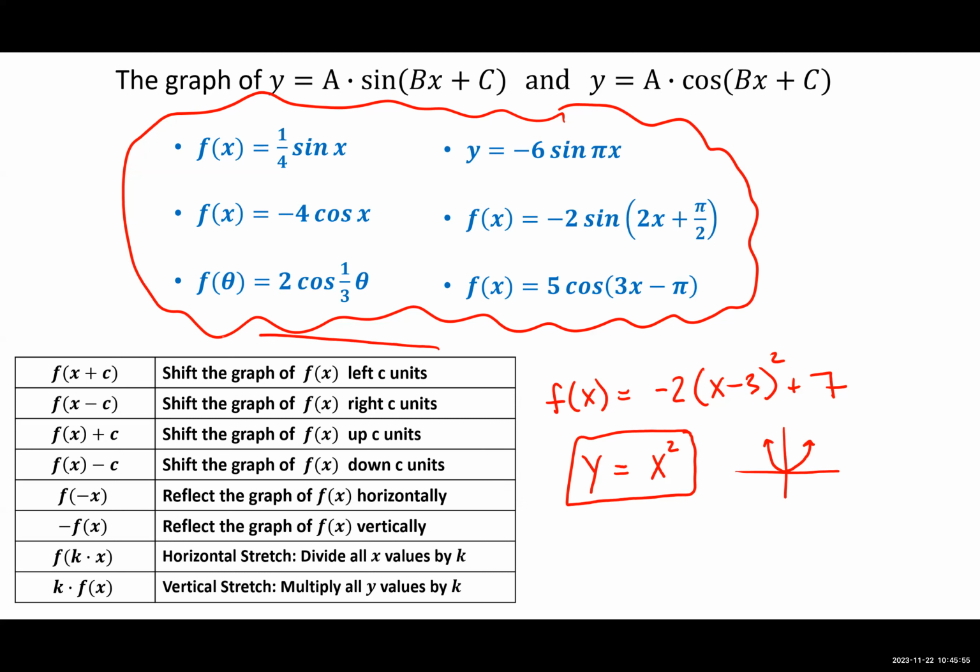Then we applied transformations: shifting, stretching, compressing, reflecting. Move it left, right, up, down, reflect it over the x-axis or the y-axis, stretch it, compress it.